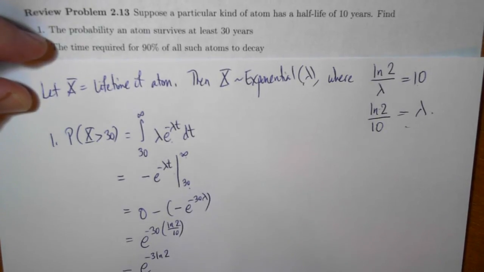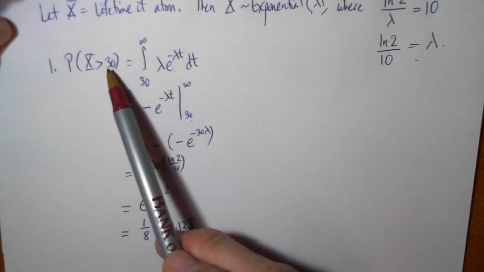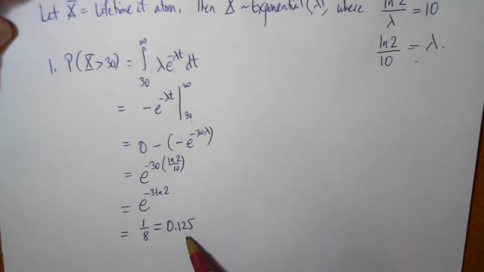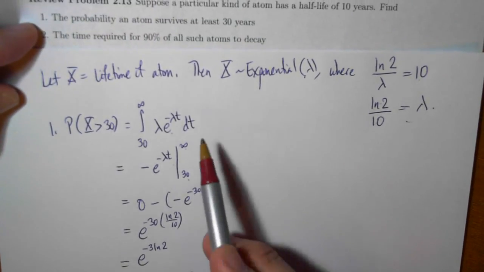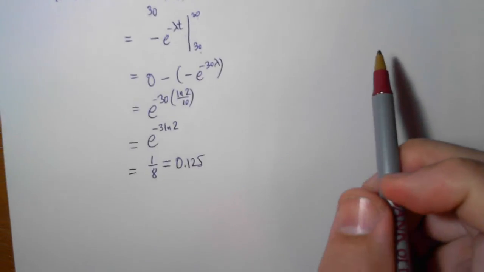Before I get going on this, this is 0.125, the 1/8, and so I expect my answer to be somewhat bigger than 30 years. After 30 years, 87.5% of the atoms have decayed, and now I want 90% to decay. So I expect the answer to be somewhat bigger than 30.